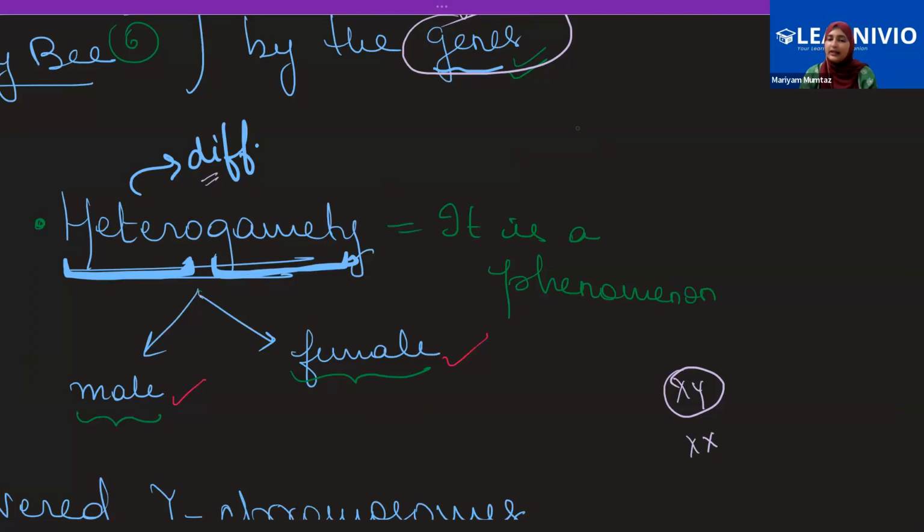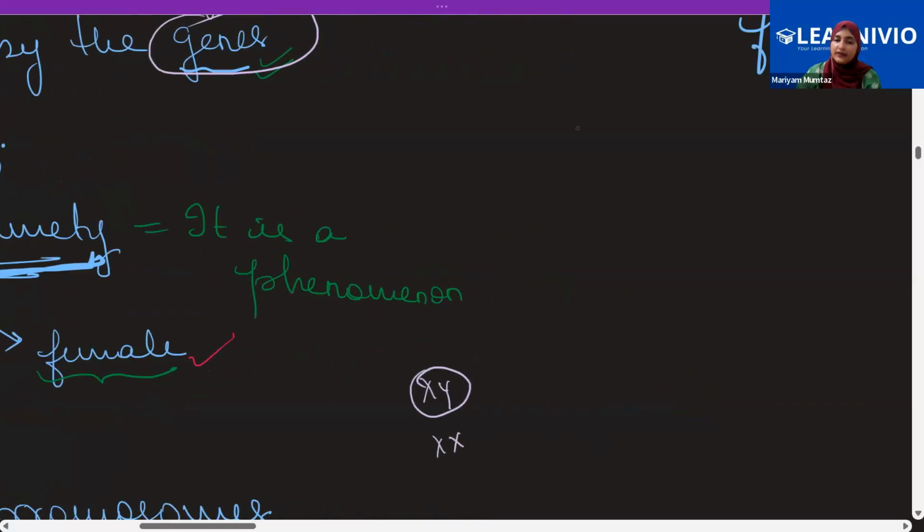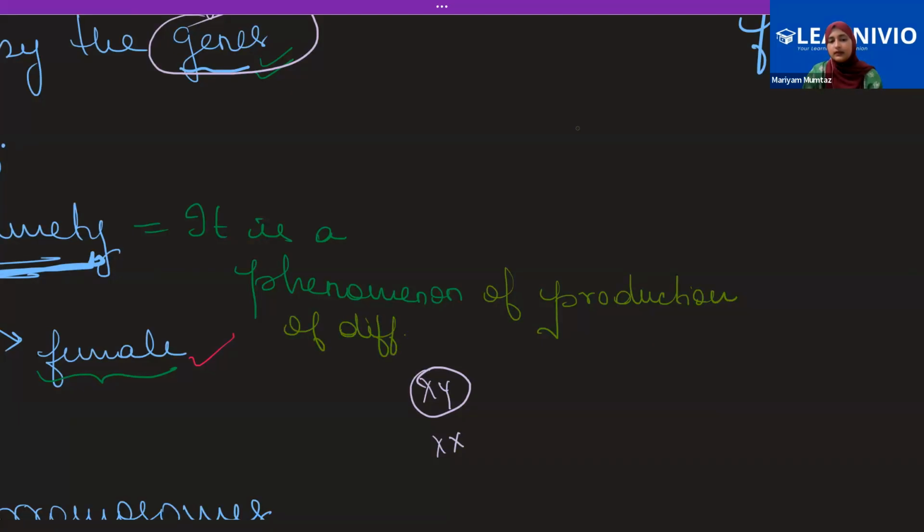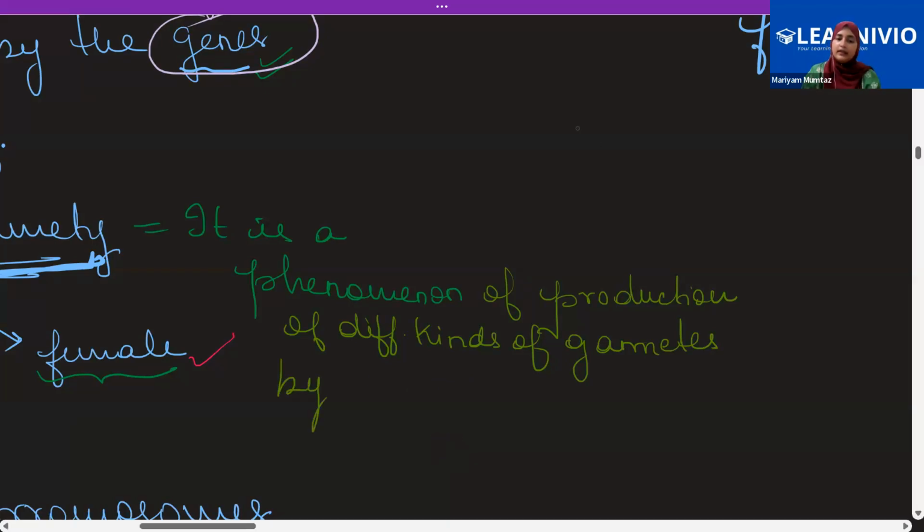Heterogamety is a phenomenon wherein different kinds of gametes are produced by a single individual.